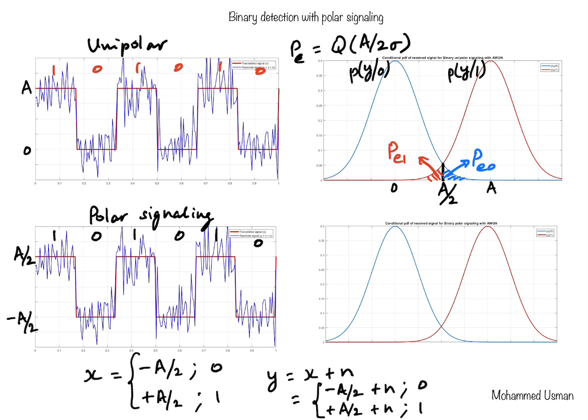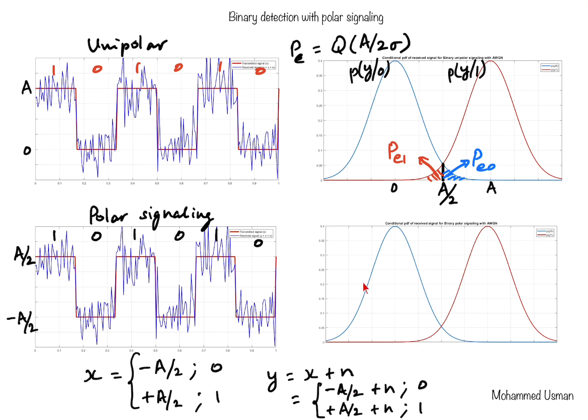Now, as we know, the noise that we are dealing with is zero mean Gaussian noise. That means the PDF of the noise signal looks like this bell curve, centered on 0. The central value of the noise is 0. But to the zero mean Gaussian noise, we are adding minus A by 2. So whenever we transmit a 0, the conditional PDF of the received signal is going to be the noise PDF shifted and centered on minus A by 2.